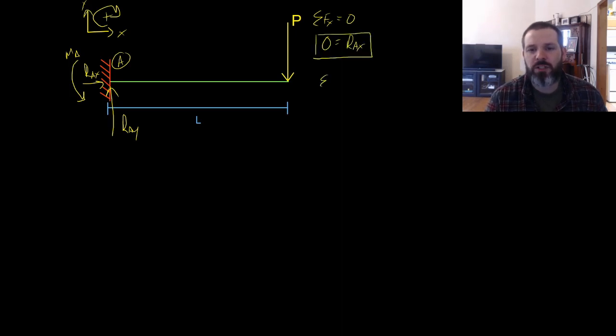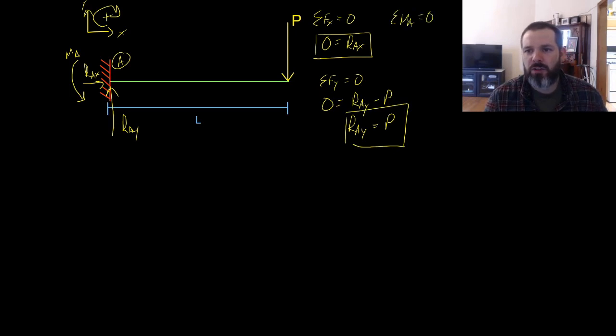If I sum the forces in the Y, they have to equal 0. 0 will equal RAY minus P. RAY will equal P. And if I sum the moments around A, that's equal to 0. 0 will equal minus MA plus P times L. MA will equal PL.